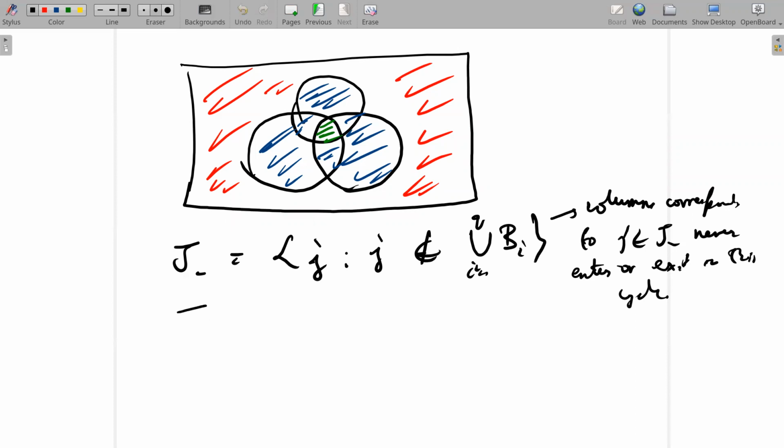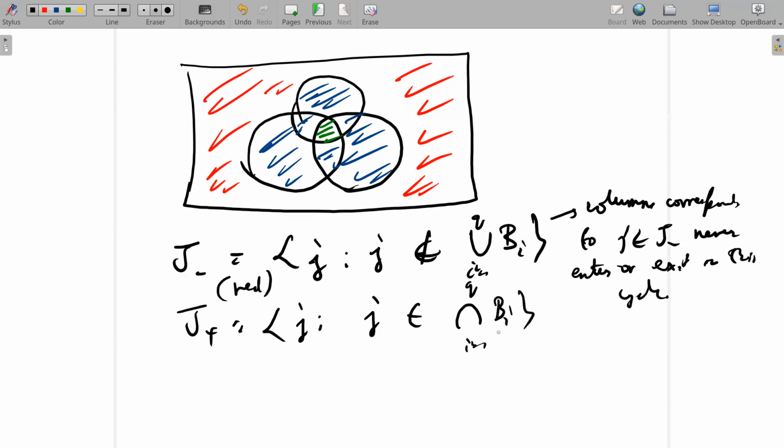And then there is J plus. This is red color. This is everything outside. We don't really care about that as much. Then J plus is all those indices J which are in the intersection. That's the green region. This also is not that interesting because these columns correspond to things that are always in the basic feasible solution. They are never entering or exiting.